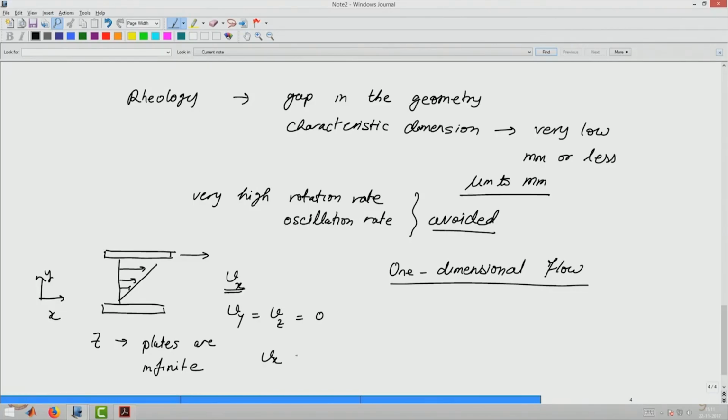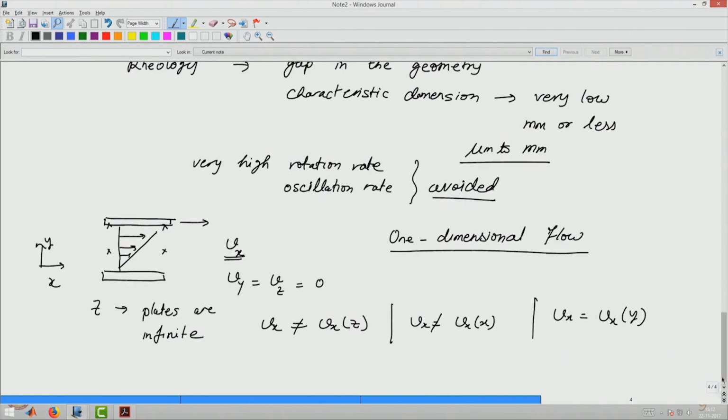So, therefore, Vx is not a function of z, and similarly Vx is also not a function of x, because we are assuming that at this point in the plate or at this point in the plate the velocity is similar. Similarly, at this point in the plate and this point in the plate the velocity is similar. So, this leads to the overall conclusion that velocity is only a function of y.